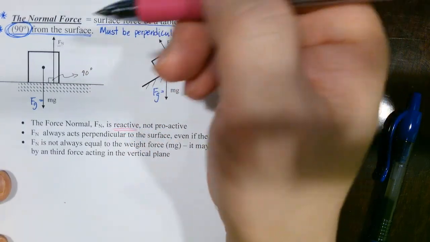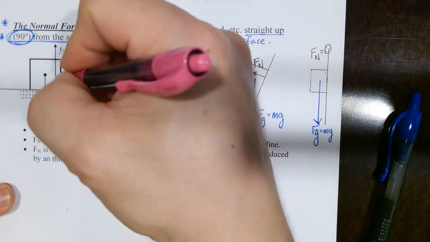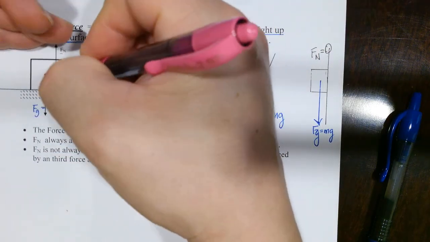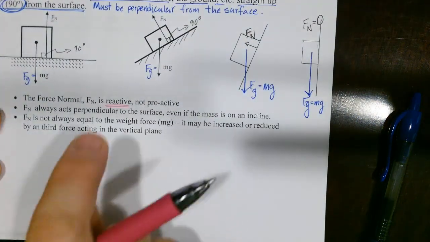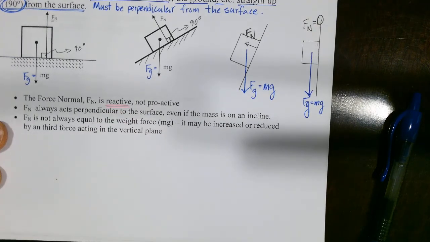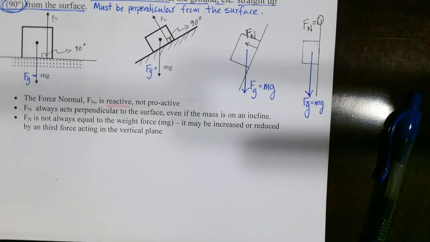Good, all right. It will definitely increase because the surface has to support more force. Because it has to react to it. F normal always acts perpendicular to the surface, even if the mass is on an incline.